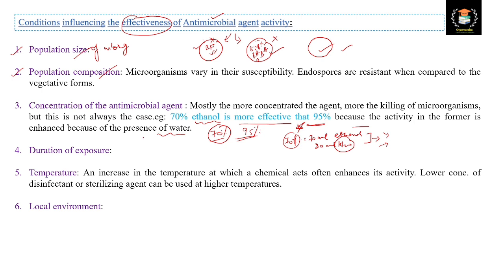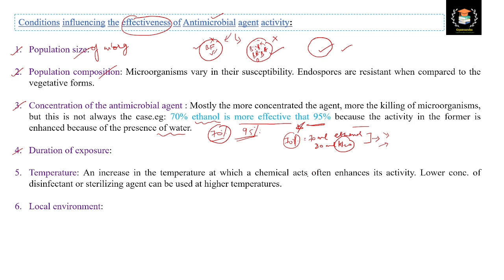The other conditions are the duration of exposure, for how much time you are exposing the surface or your material to the antimicrobial agent, and also the temperature. Generally, if you increase the temperature at which the antimicrobial agent is acting, the activity is enhanced.